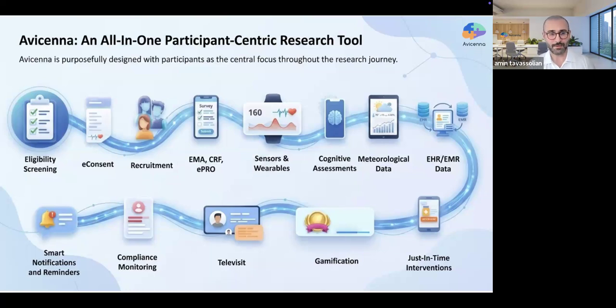Or if you simply have a state machine or a simple algorithm that allows you to analyze the data and, based on certain thresholds, trigger different interventions for different arms of your projects, you can do that as well. When it's possible, it triggers interventions within minutes.